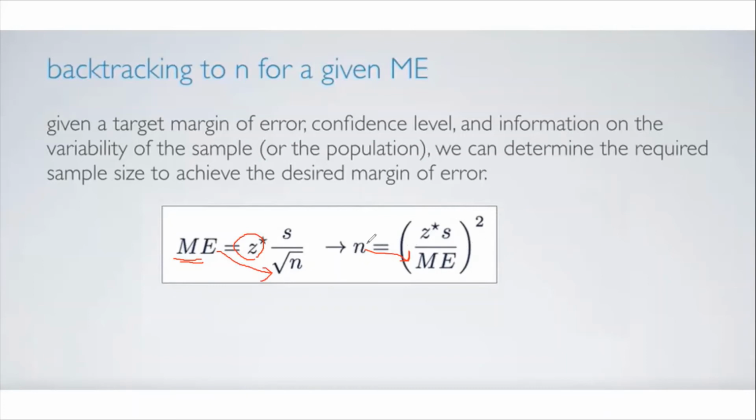So when you increase the sample size, your margin of error will narrow down. Not by 2 times, it's in square root terms.